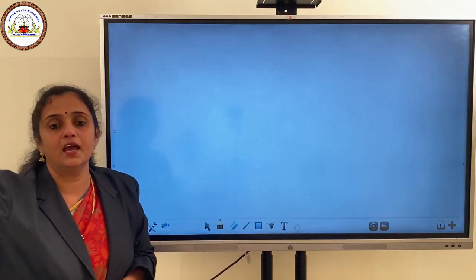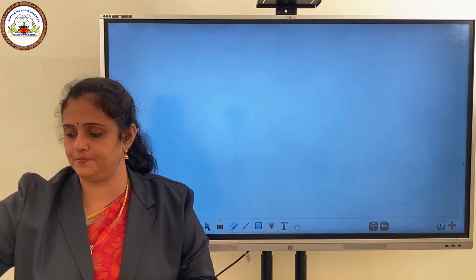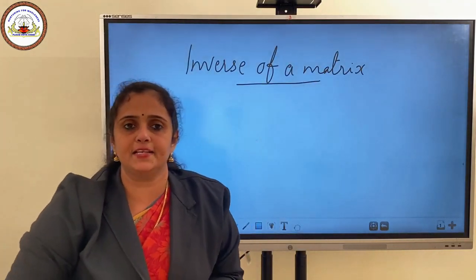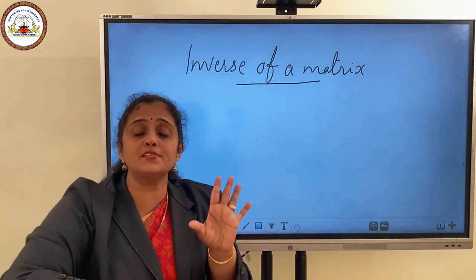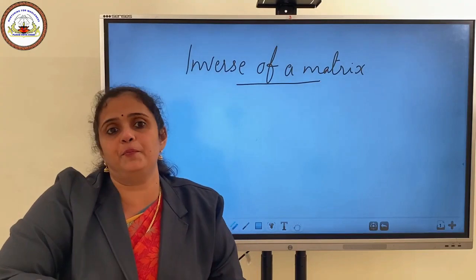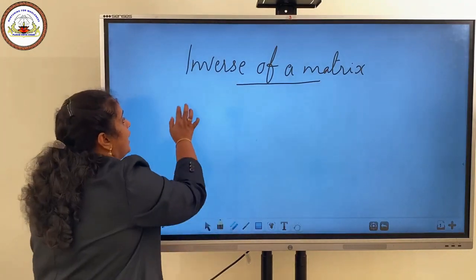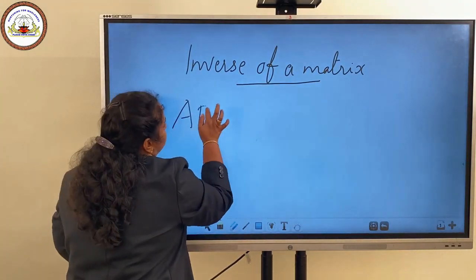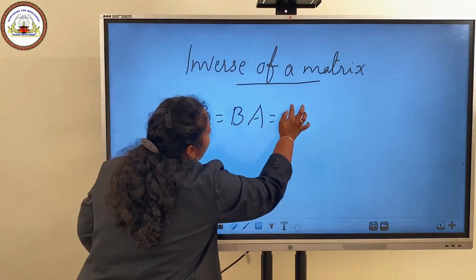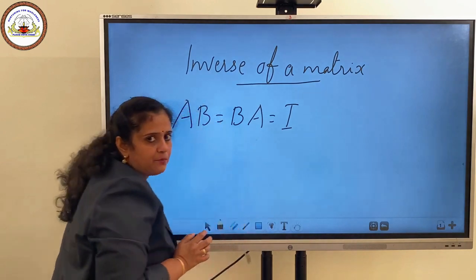Next we can discuss the inverse of a matrix. If A and B are non-singular matrices of the same order, then we can define the inverse as AB is equal to BA is equal to I, where I is the identity matrix of the same order.